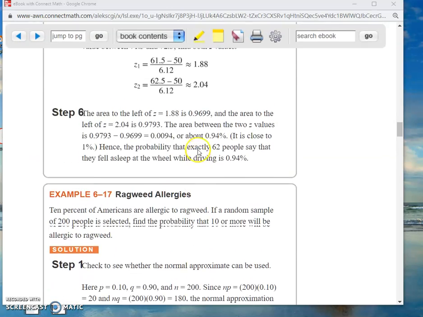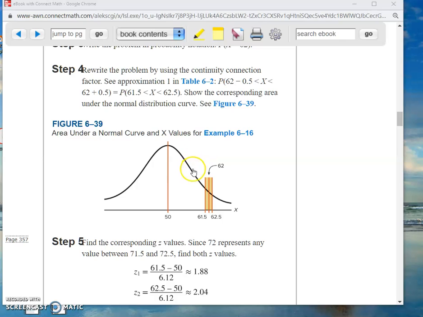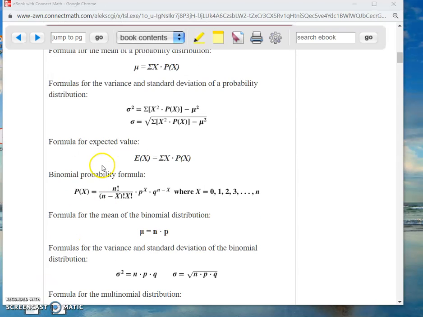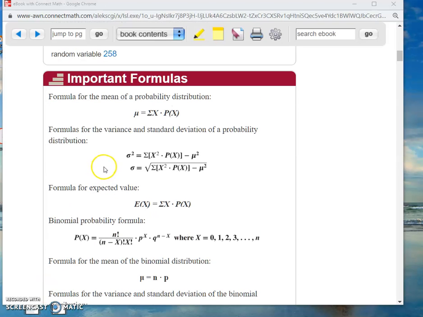Okay, so I guess just to sum it up, you could calculate this using the binomial distribution. You could do the calculation. It would be horrible. Okay, so here's the formula from the back of chapter 5.